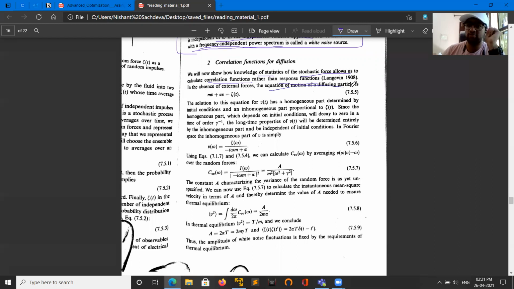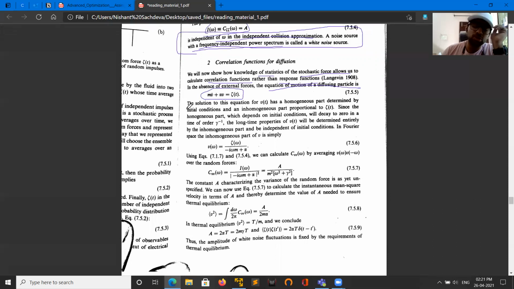The equation of motion of a diffusing particle is m v dot plus alpha v equals tau of t. Now the solution to this equation for v of t has a homogeneous part determined by the initial conditions and an inhomogeneous part proportional to tau of t. The homogeneous part, which depends on the initial conditions, will decay to zero in a time of order alpha inverse.